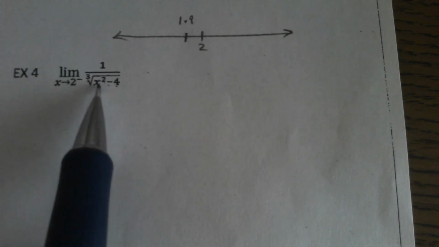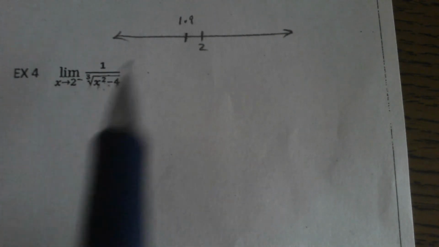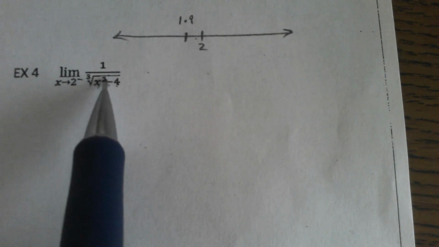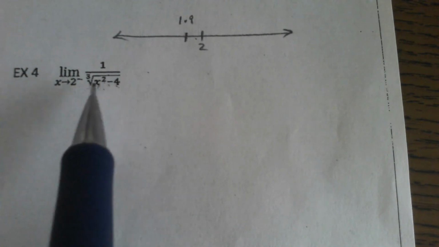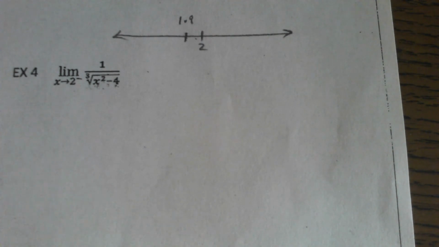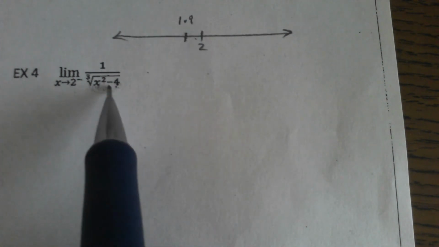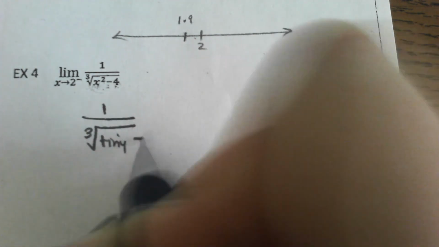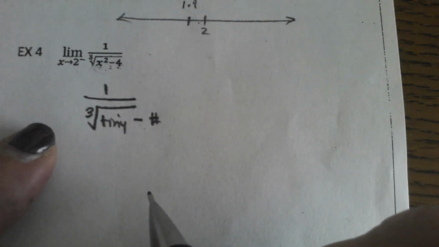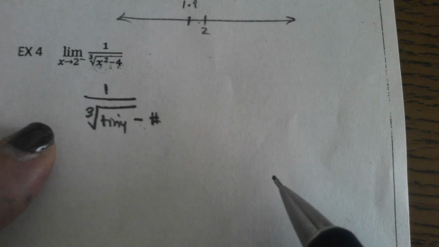The closer 1.9 gets to 2, the closer the squared version will get to 4, but it will always be underneath. And so when I subtract 4 from it, I'll be a tiny negative number, essentially. And then I take the cubed root of a tiny negative number, and that makes it become even tinier, right?